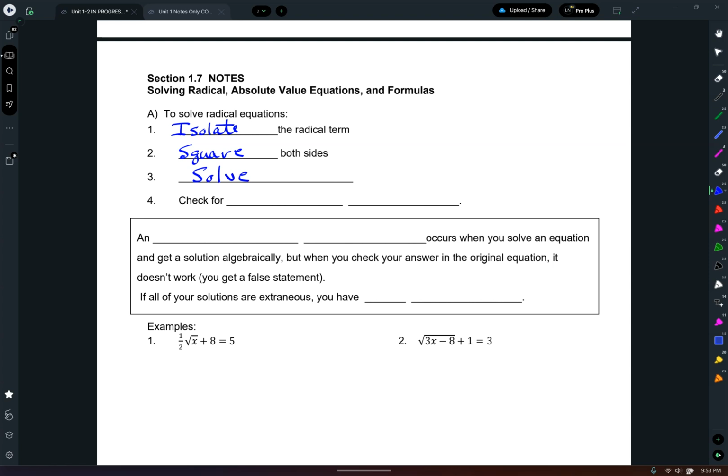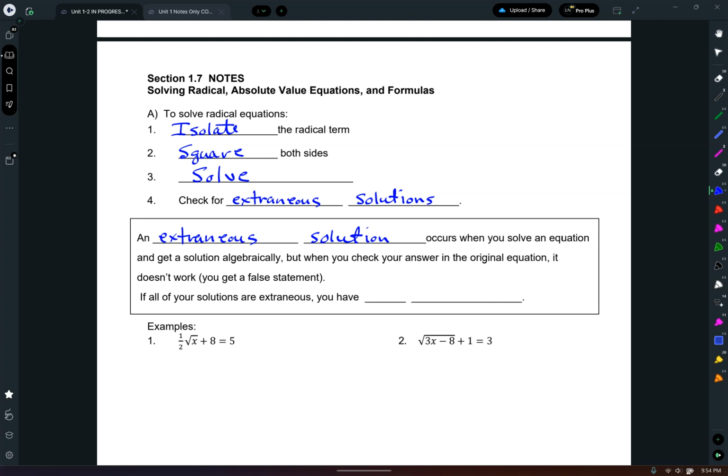And then once you get a solution, you need to make sure you check for extraneous solutions. Basically the short term for extraneous solutions is extra wrong answers. But by definition, an extraneous solution occurs when you solve the equation and you get a solution algebraically, meaning you do everything right, but then when you check your answer in the original equation, it doesn't work.